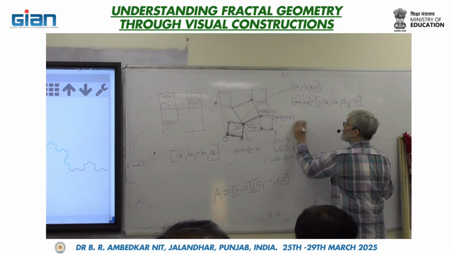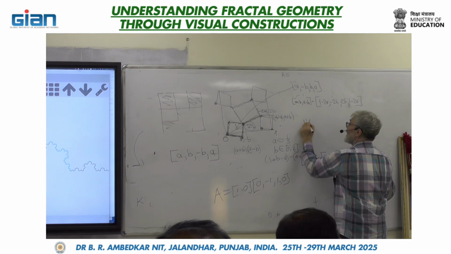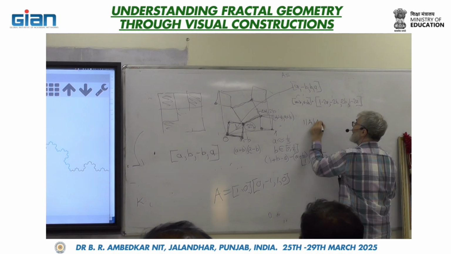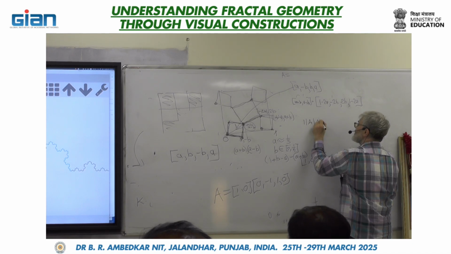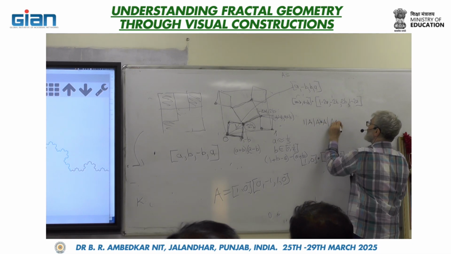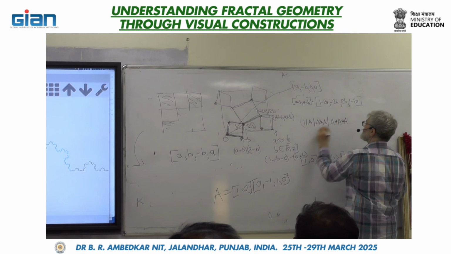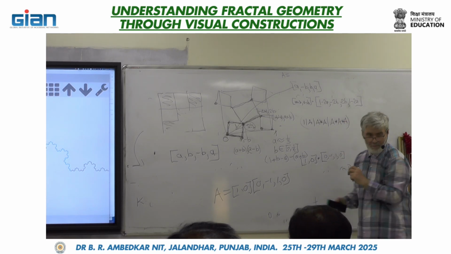So we have to write the following way. So the operator will be 1, A multiplied by A multiplied by A multiplied by A. It's not very optimal, but it's good.